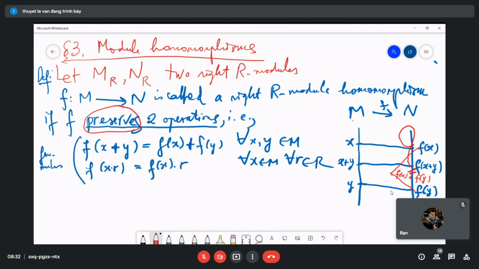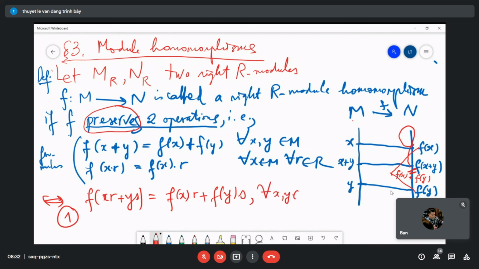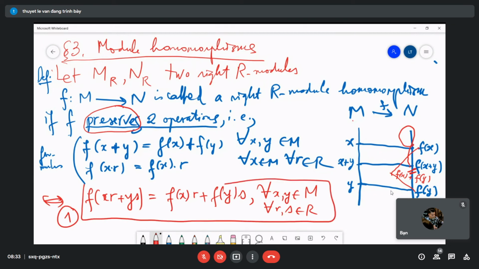And the two formulas here can be written as only one formula, that is f(xr + ys) equals f(x)r plus f(y)s, for every x, y in M and for every r, s in R. When you have homework or you check something, for the short, briefly, you can use only one formula.